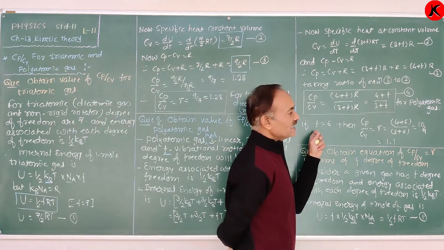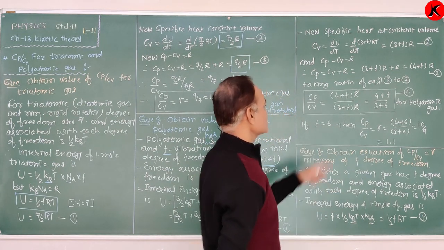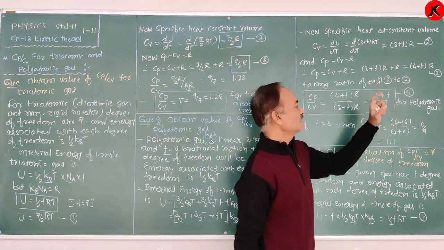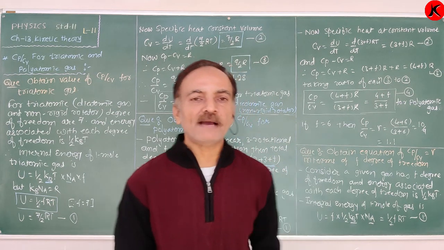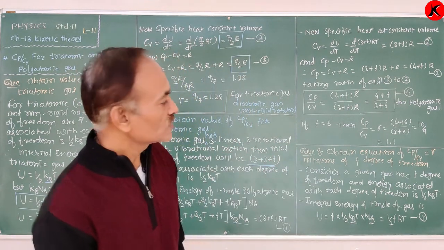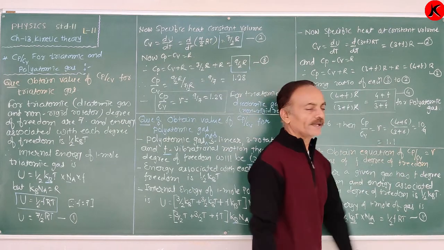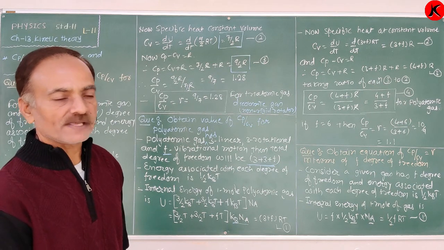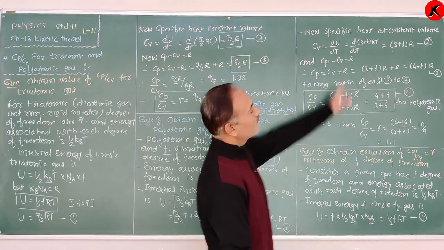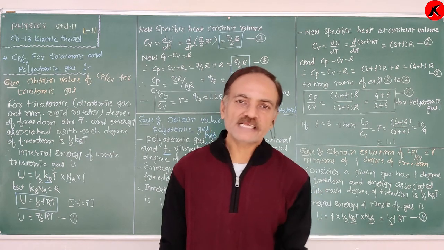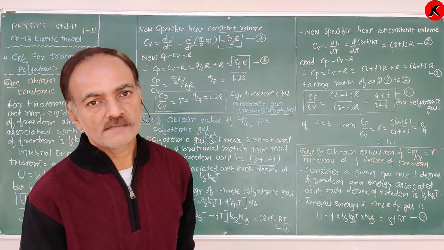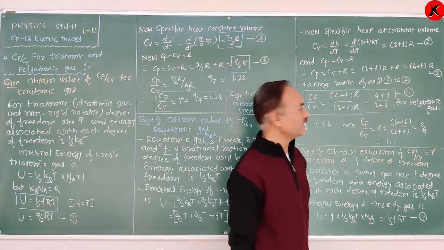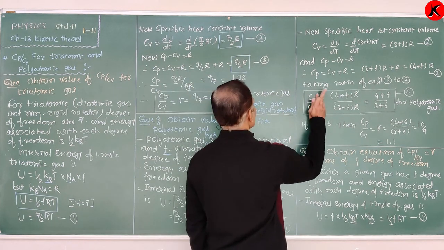If the degrees of freedom F is equal to 6, then Cp upon Cv, gamma, is equal to (4 plus 6) upon (3 plus 6), that means 10 by 9, that means 1.1. For a polyatomic gas molecule made up of 6 atoms, the ratio of Cp upon Cv is 1.1.